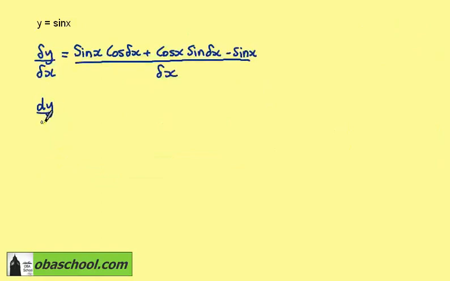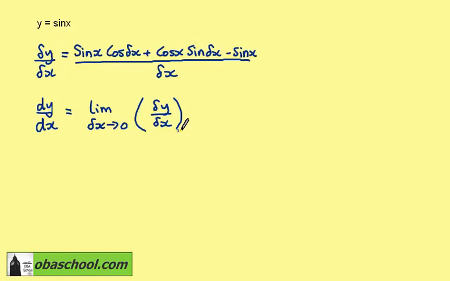The definition of dy dx is that it is the limit as delta x tends to 0 of delta y over delta x. Geometrically, delta x tends to 0 means the distance between the 2 points that we used on the curve shrinks.